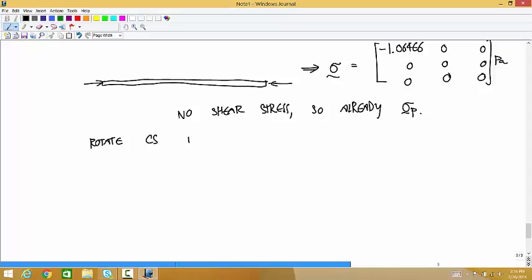So rotate the coordinate system 45 degrees around y or z. And that'll give you a stress tensor with the maximum shear stress.